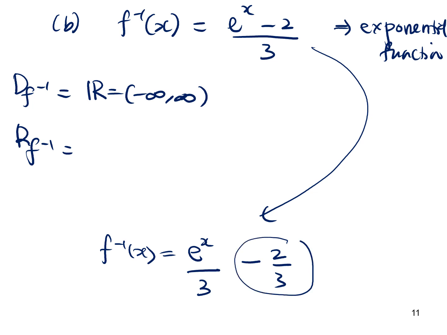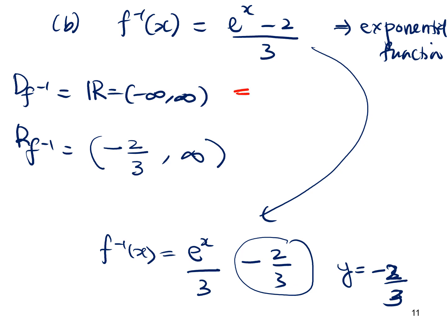So from here we see that the graph starts at negative 2 over 3. So the range is open interval negative 2 over 3 to infinity. And the domain and range for f: just from here, the domain of f inverse is the range of f, and the range of f inverse is the domain of f.